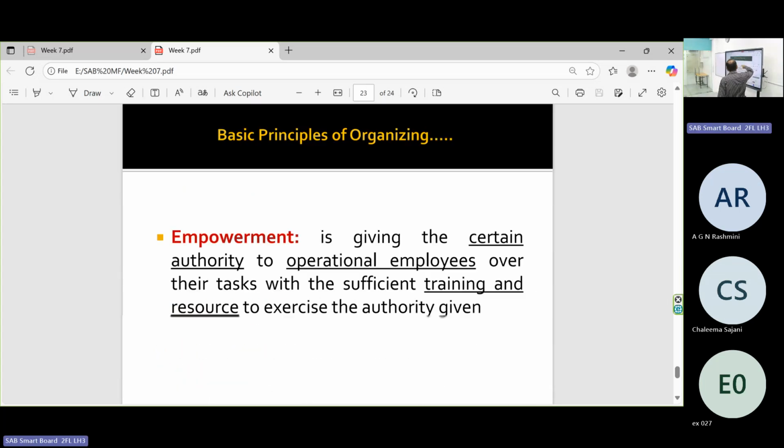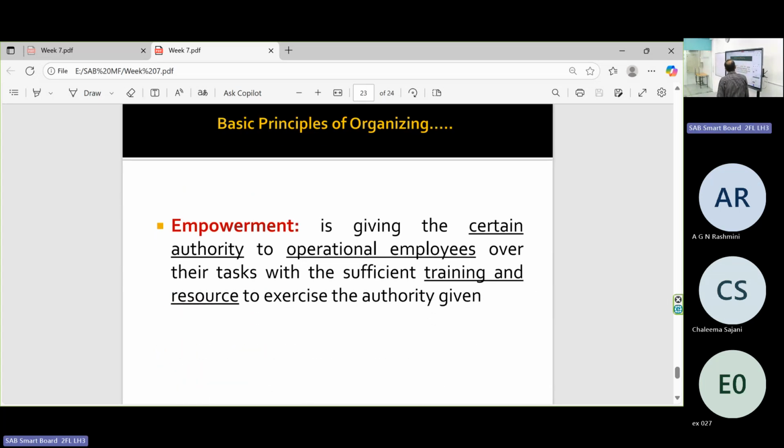Right. This is a recent organizing principle in HRM, work empowerment or employee empowerment. It is one extended version of decentralization or delegation. Here, authority should be distributed to the employees in a genuine, real way, so they exercise the authority within their capacities.